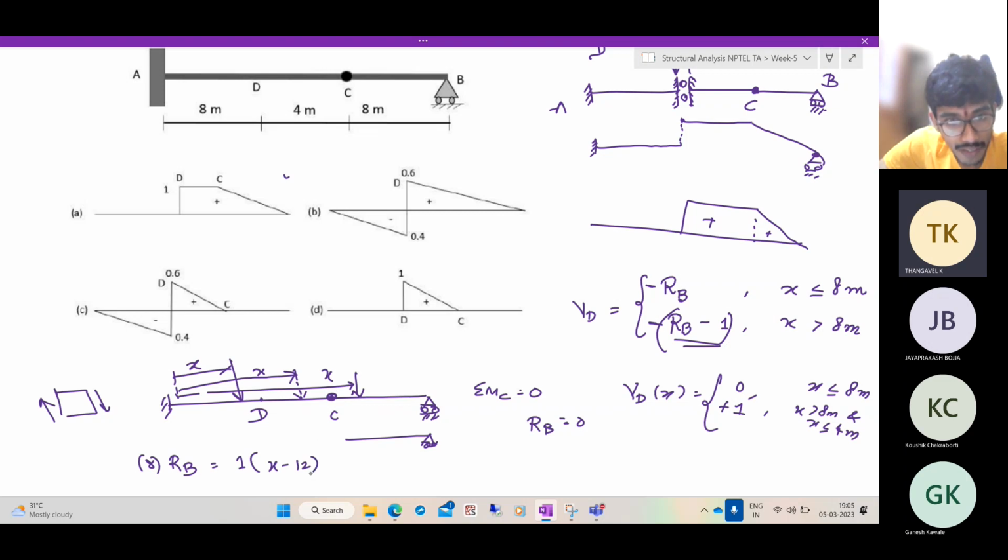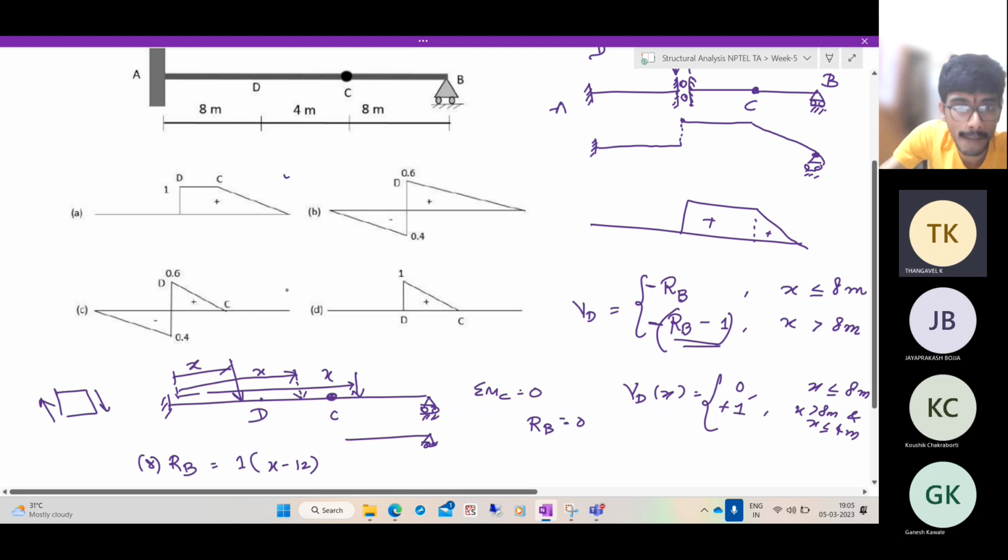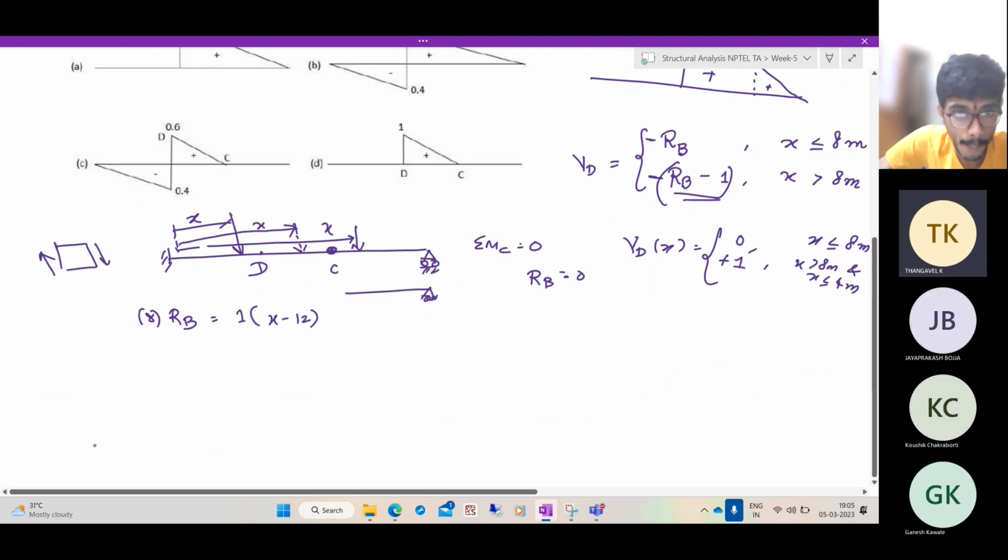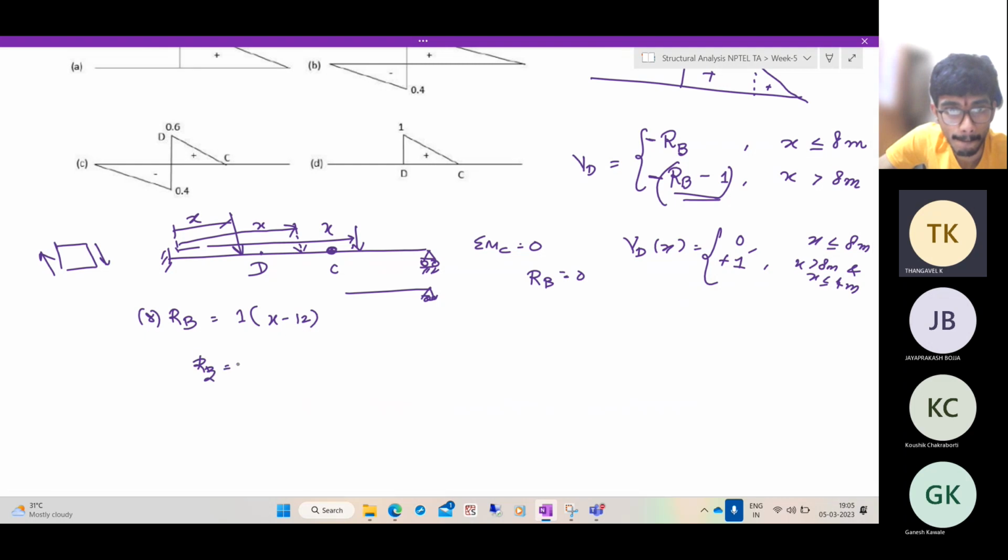So we will get RB is equal to 3 by 2, X by 8 minus 3 by 2.